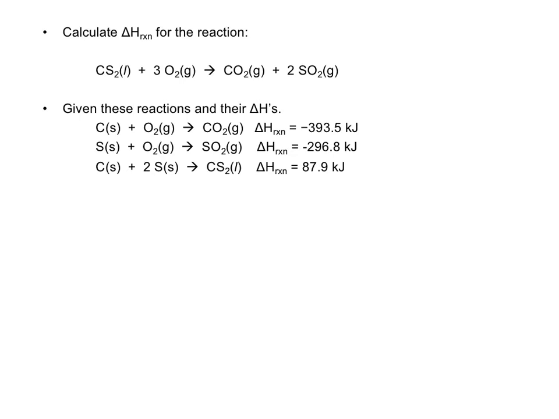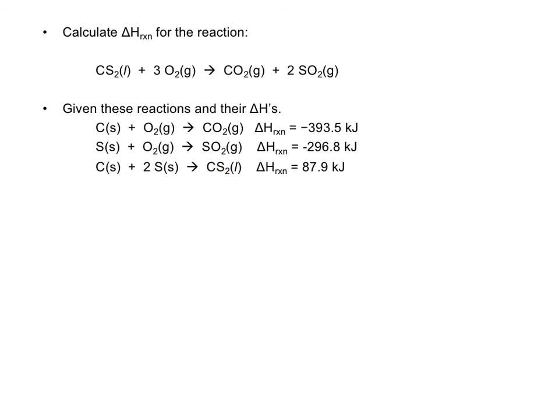Okay, here's one more reaction, and now I have three reactions to play with. So I want to rearrange these reactions, flip them, multiply them by a constant or whatever, so that when I add them together, I'll get this overall reaction. And so again, I'll just start with the CS2 liquid, and look for that in the reactions I'm given, and here it is. But again, it's on the wrong side.